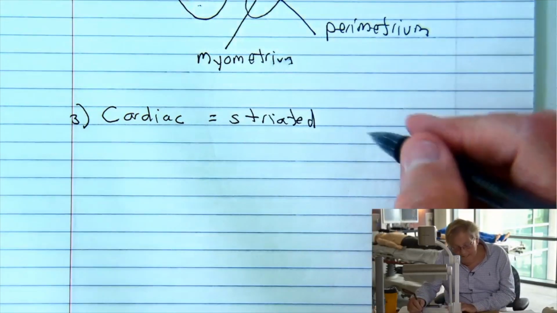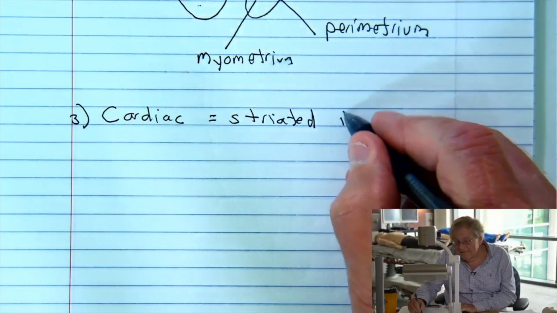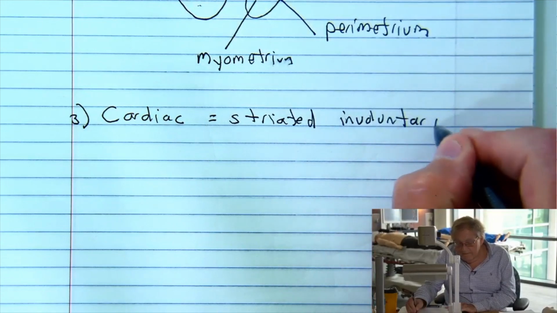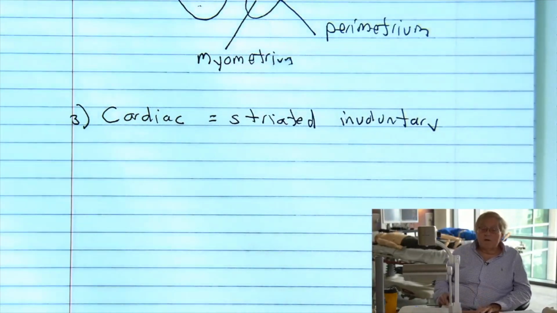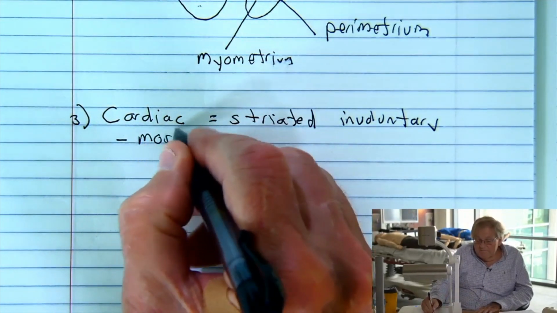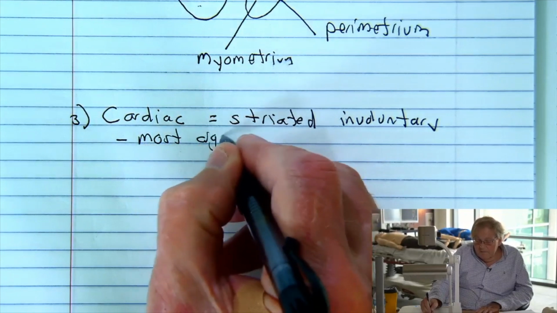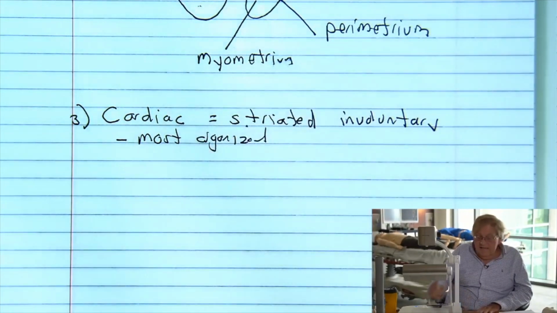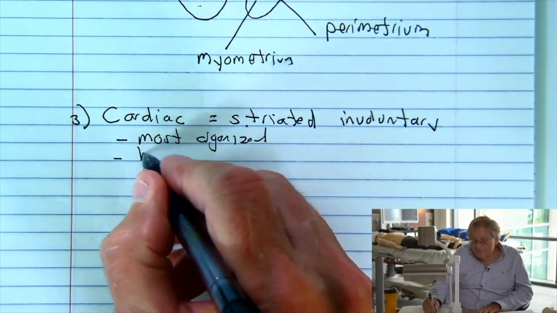And because I can't tell my heart what to do, it's called involuntary. And so when I think of cardiac muscle, I'm going to remember it's the most organized of the three types of muscle. It's going to have the highest oxygen demand.